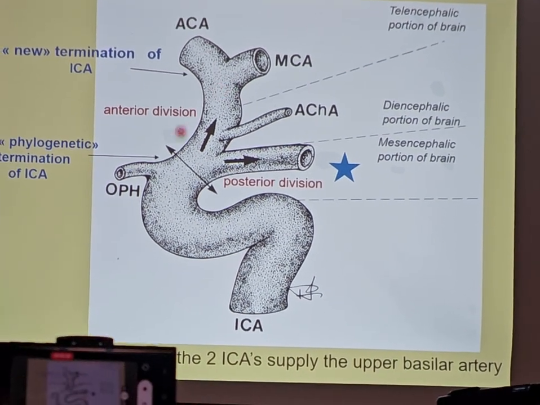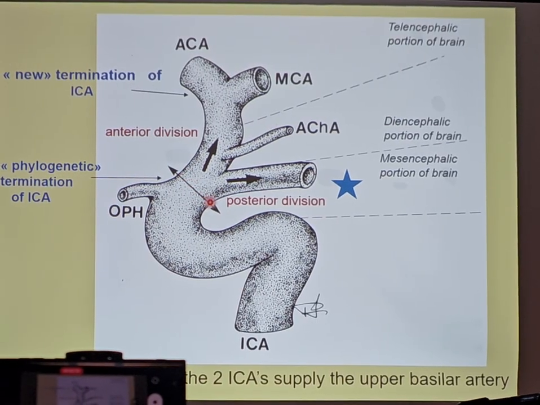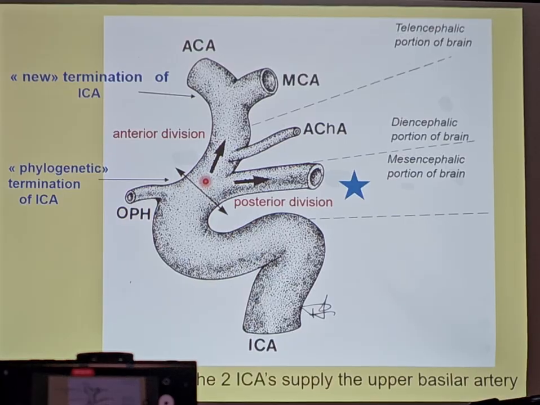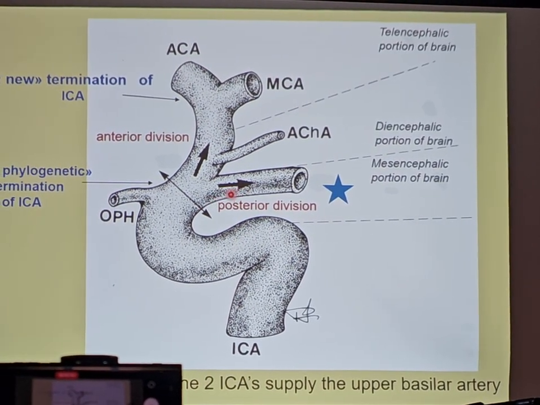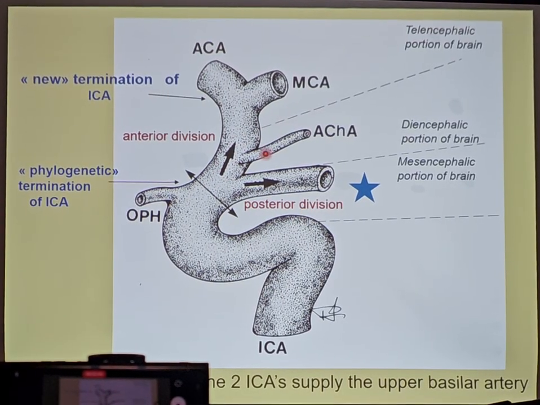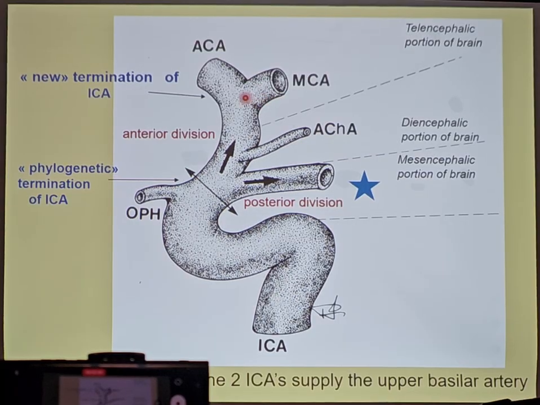But if you listen to experts in embryology and phylogenetics, the actual termination of the internal carotid artery is not at that level, but more proximally where it splits into the posterior division and the anterior division. The anterior division is the anterior choroidal artery, and the anterior cerebral artery and subsequent middle cerebral branch, and the posterior division eventually supplies the upper basilar territory towards the posterior fossa.